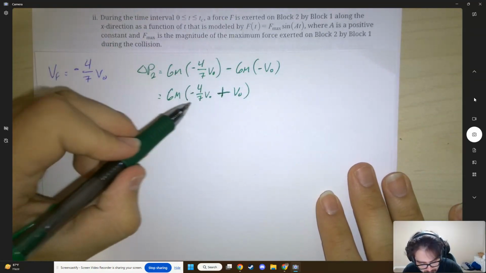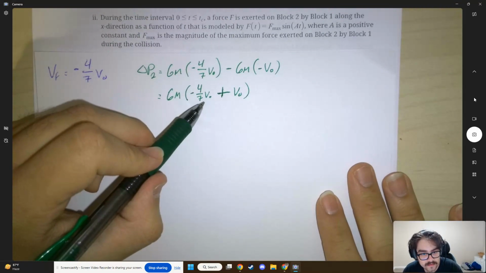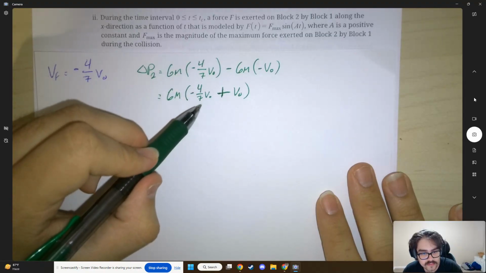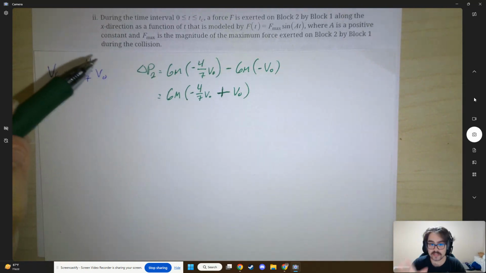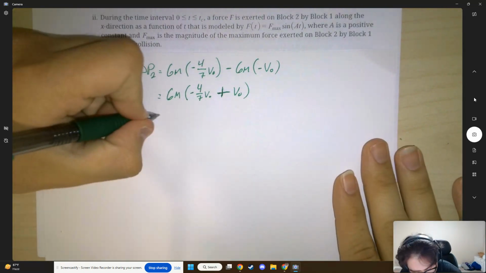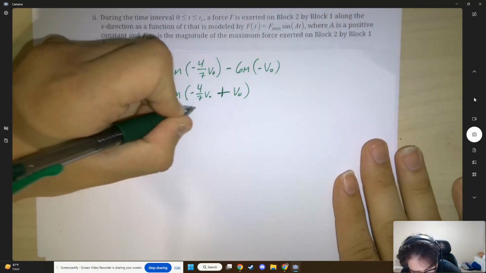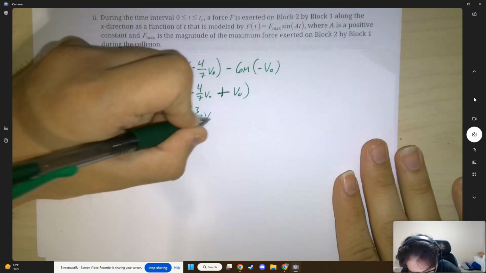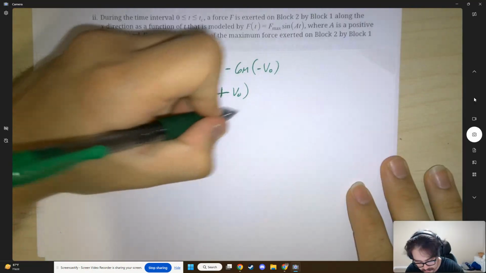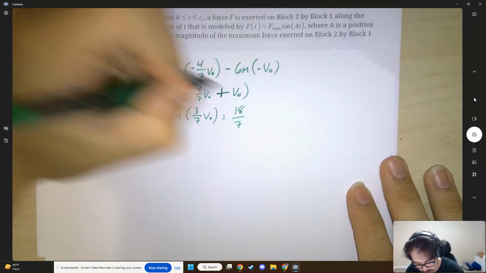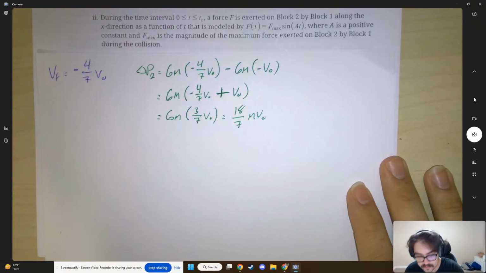And when I do this, -4/7 v naught plus 1 v naught is going to give you 3/7 v naught, right? So this becomes 6m times 3/7 v naught, and then I multiply the 6, and this becomes 18/7 m v naught.